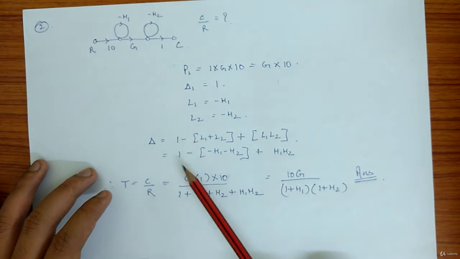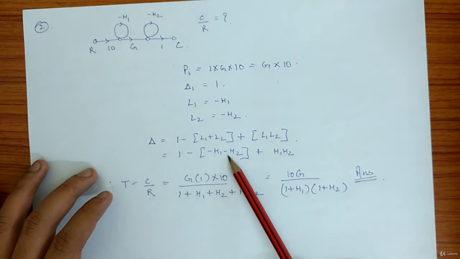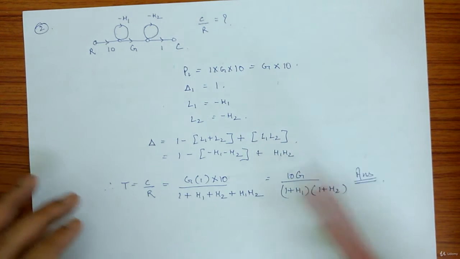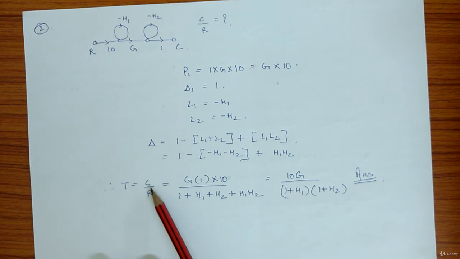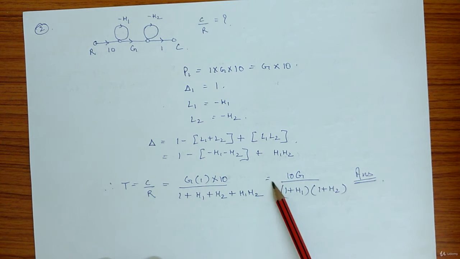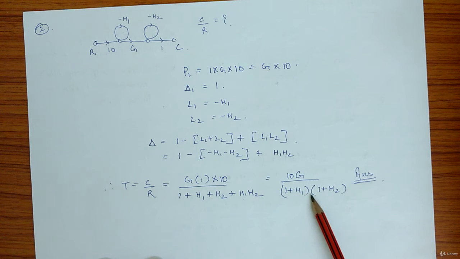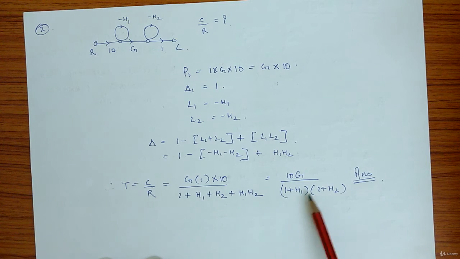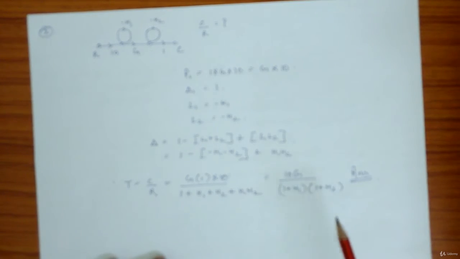That is why you will have 1 plus H1 plus H2 plus H1 H2. This will be your delta. Now plug in the values. You will get T is equal to C by R equals G times 1 times 10 divided by 1 plus H1 plus H2 plus H1 H2, which is 10G divided by (1 plus H1)(1 plus H2). I just took 1 plus H1 common and wrote it in this way.